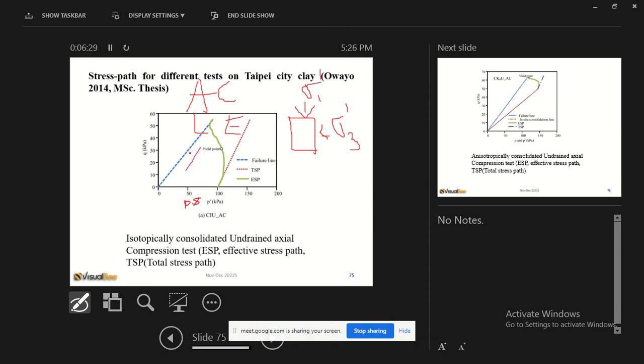or axial elongation. Now, if you combine all this, whether the test is consolidated and drained, consolidated, undrained, this can also be a CK naught.